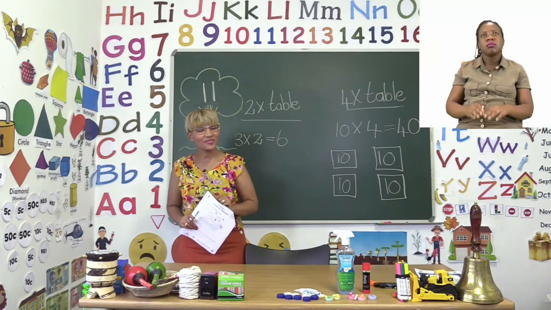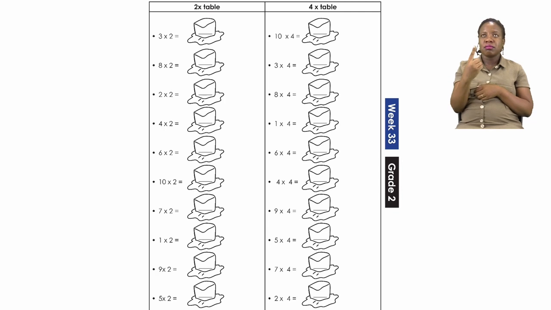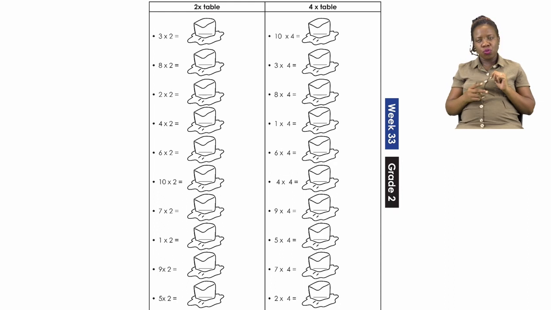Let's start this part of our lesson on page 11. Now here we are doing multiplication and it says there that you have to find the product for the following multiplication sums. Now there in the table you will see on the one side you have your 2 times table and on the other side you have your 4 times table.